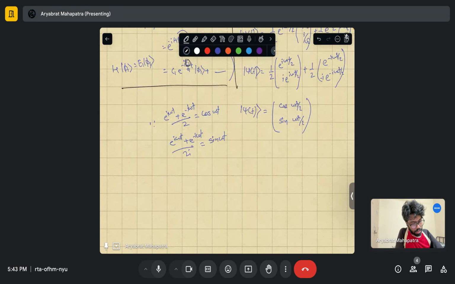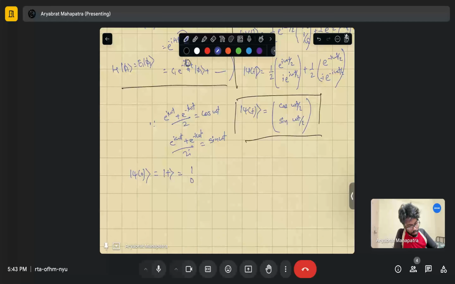So finally you got your form of psi of t. Initially your psi 0 was the plus state, that was 1 0. After time evolution, after time t, you have psi t, that is cos omega t, sine omega t.